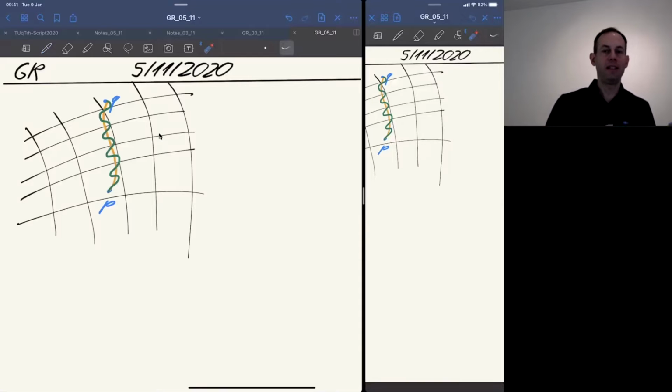So a geodesic, and we know that this is equivalent to a straight line in our affine connection language, is actually in GR the trajectory or the world line where, if you are yourself traveling, you have the longest lifetime or the longest time experience, or the clock shows the largest time.